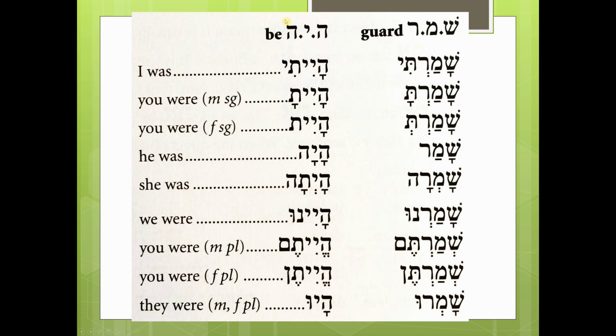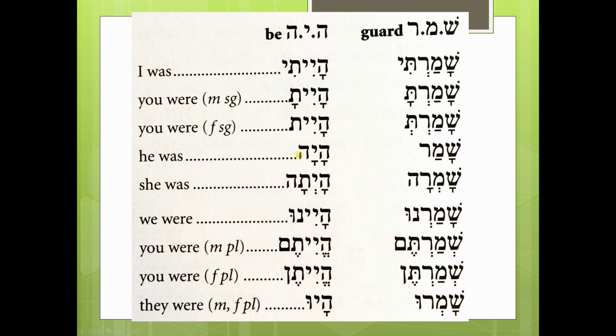Look at what happens with the verb haya, which is the verb to be. Has to do with being, was, is, that kind of stuff. Notice what happens to the verbal root as it becomes inflected. So we have hayiti. Notice that the hey drops off. The ending remains the same, which is helpful for you in terms of memorizing stuff.